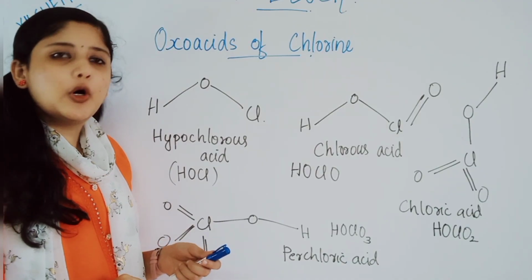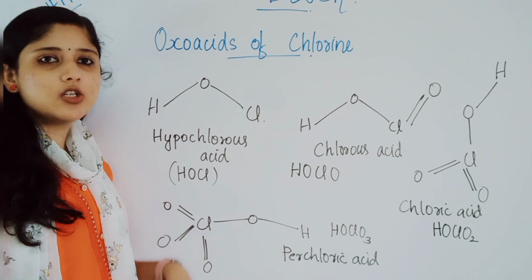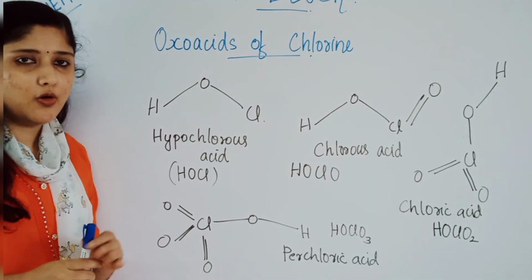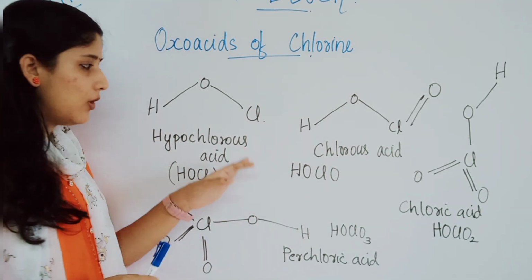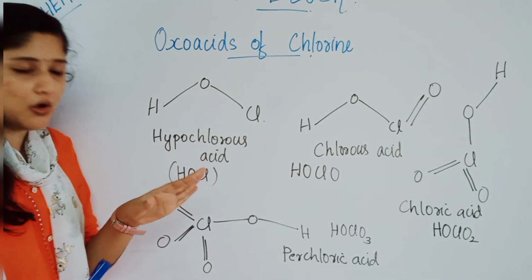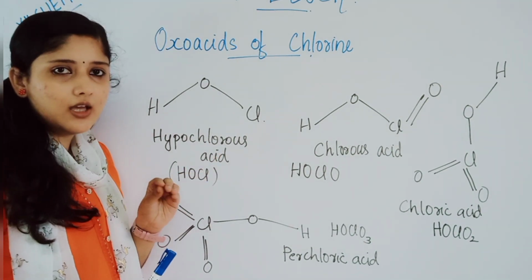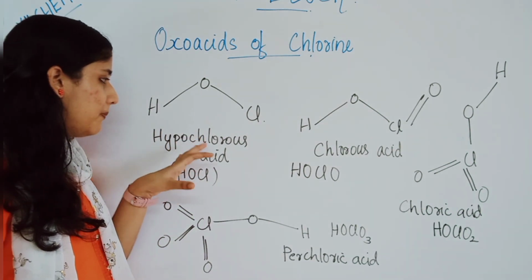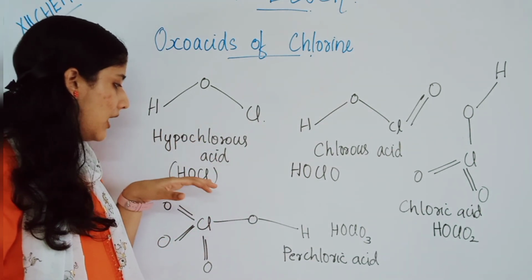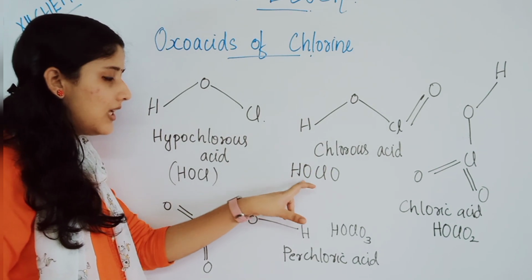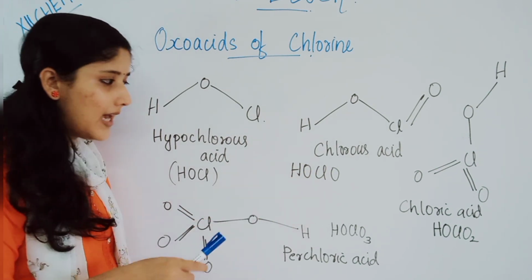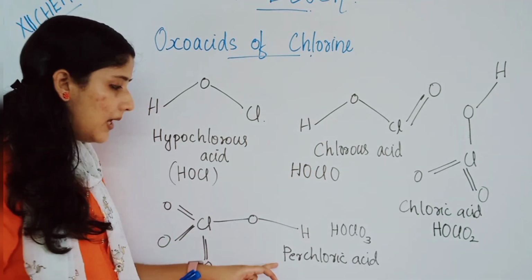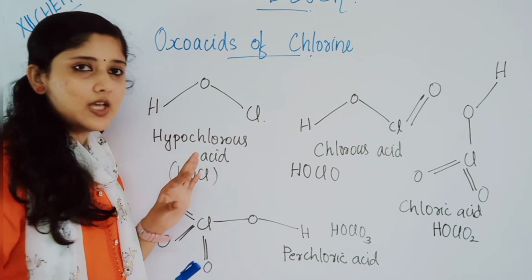You need to also study the structures of oxoacids. Only the structure is needed for the different oxoacids. Oxoacids of chlorine means oxygen containing, chlorine containing acids, for example, hypochlorous acid. Formula is HOCl, chlorous acid HOClO, chloric acid HOClO2 and perchloric acid HOClO3.